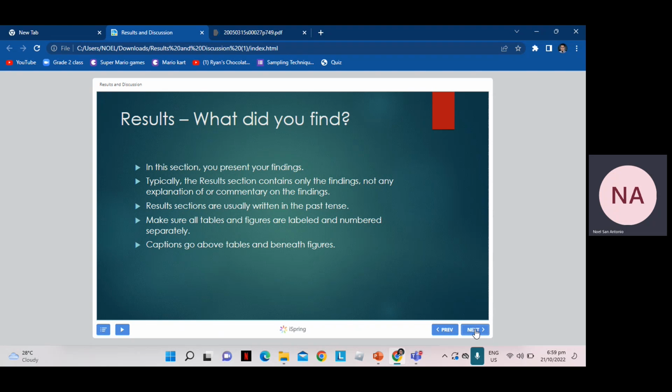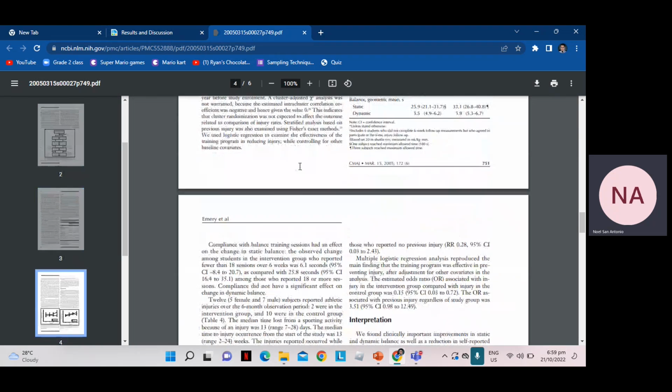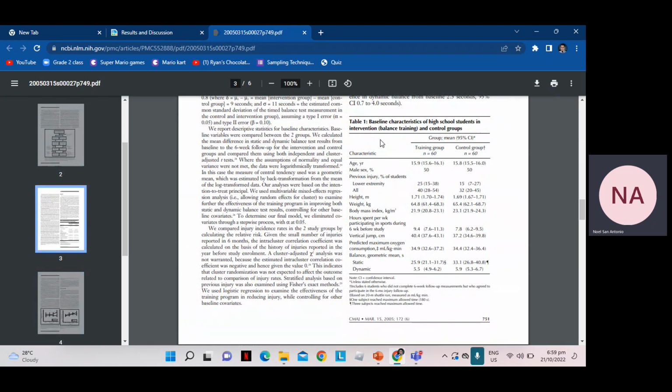Puro tables ang lalabas. Now, although if in your IMRaD format you will be presenting both tables and figures, make sure that the captions for the table are located above the table and the caption for the figures is located below the figures. Take a look at this example. In this example, yung kanilang table 1, the caption or the title of the table is located above the table.